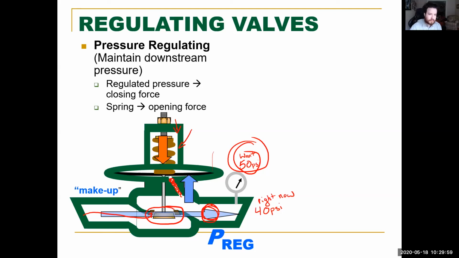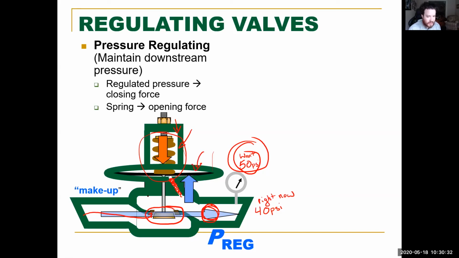Now, does everyone understand how we did this? We started with the seat, and the disc and how it's facing, right? We looked at the spring, where the spring was actuating, because, as we're going to see in the next picture, it could be actuating from below. So what side of the diaphragm it's on. And then the last thing is where we're taking our pressure or our fluid flow, it could be anything. But what are we regulating? Where is that actuating on?